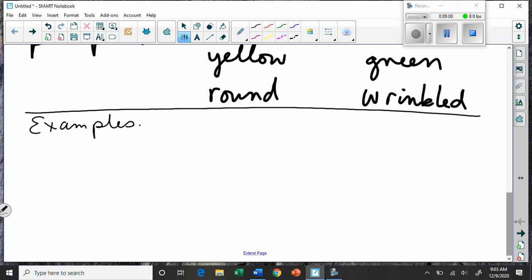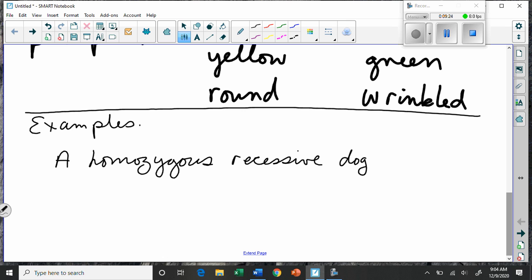All right. So you may see a situation like this. Let's do a simple one. A homozygous recessive dog has blonde fur.